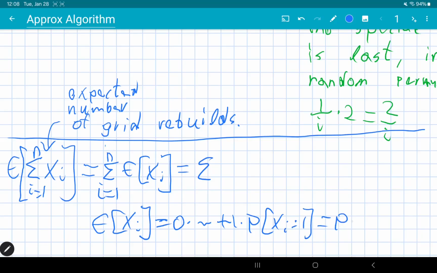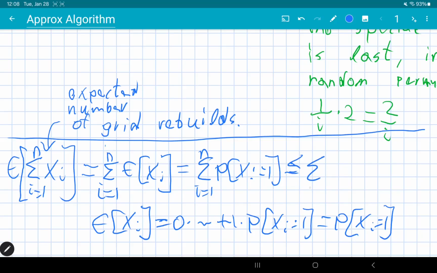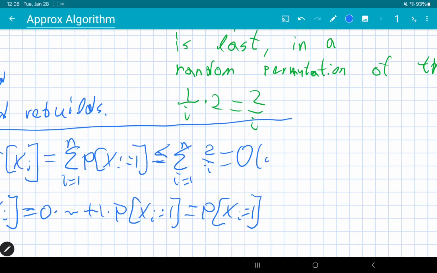Namely, this is equal to the probability of xi equal 1, right? This is the reason why people like indicator variables. They lead very quickly to probability. So this is the sum i going from 1 to n of the probability of xi equal 1. This is by what we just computed at most the sum i going from 1 to n of 2 over i. And this is the harmonic sum, and everybody knows that this is O of log n. In fact, it's 2 log n plus some constant, but whatever, it's O of log n, right?